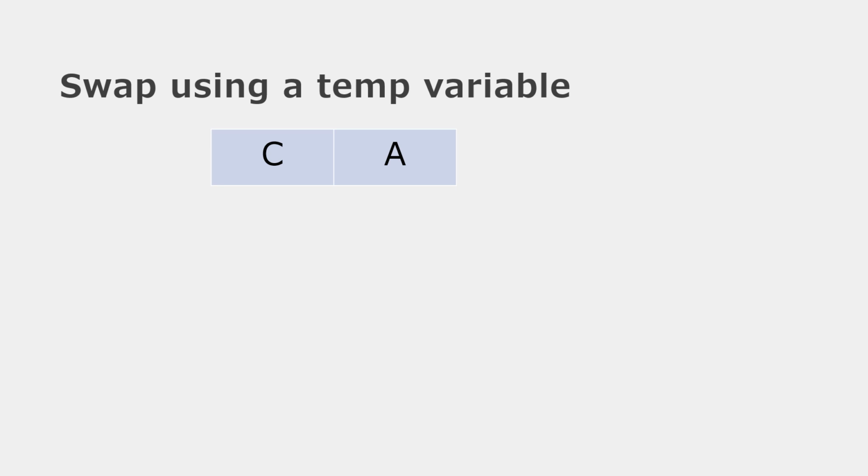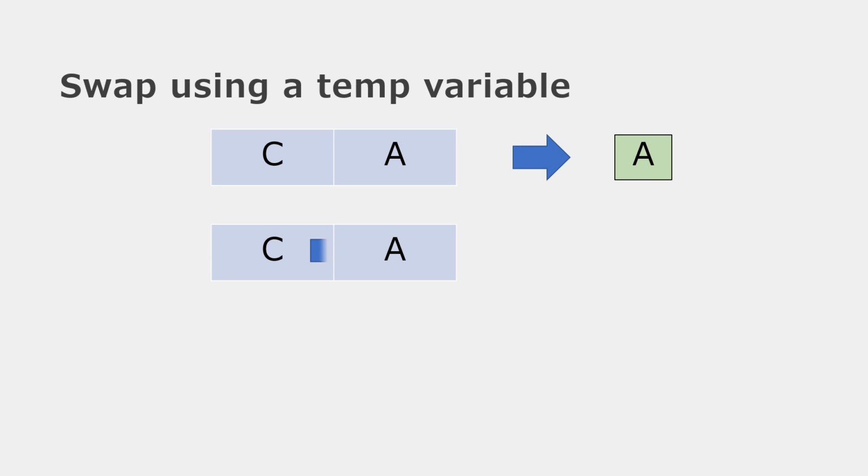We've got the two values, C and A. We store A as a temporary variable. Then we overwrite A with C. And then finally, we put the temporary value into the original position.